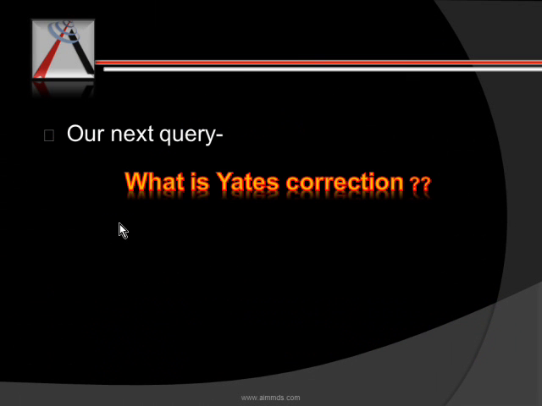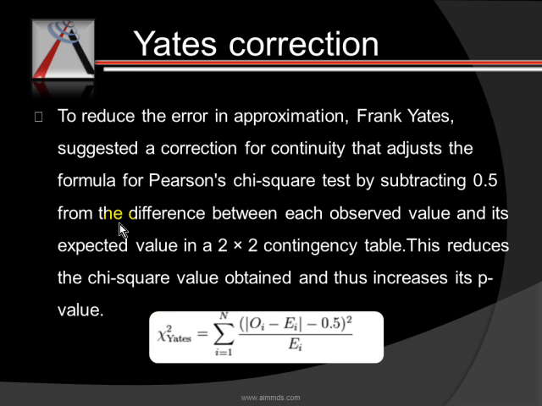Our next query, what is Yates correction? We have been talking about how the chi-square test gives us an approximate p-value. It does not give us the actual or the exact p-value. So the Yates correction was proposed to reduce this approximation or error in the chi-square test, and the formula suggested was done by subtracting 0.5 from the difference between each observed value and its expected value, and especially it was more appropriately applied in a 2x2 contingency table.